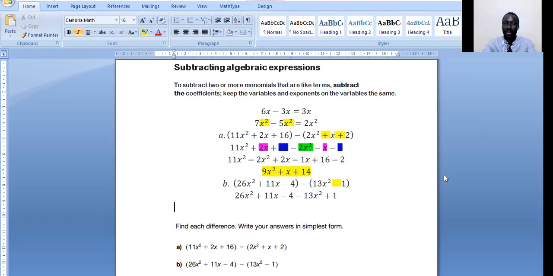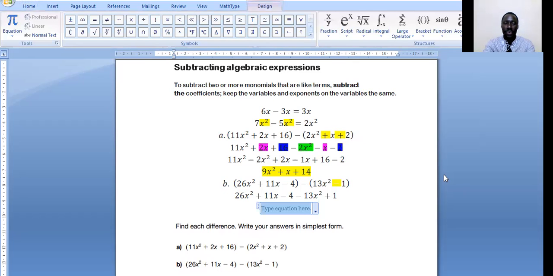And so this one will give us 26x squared minus 13x squared. We put them together because they are like terms.